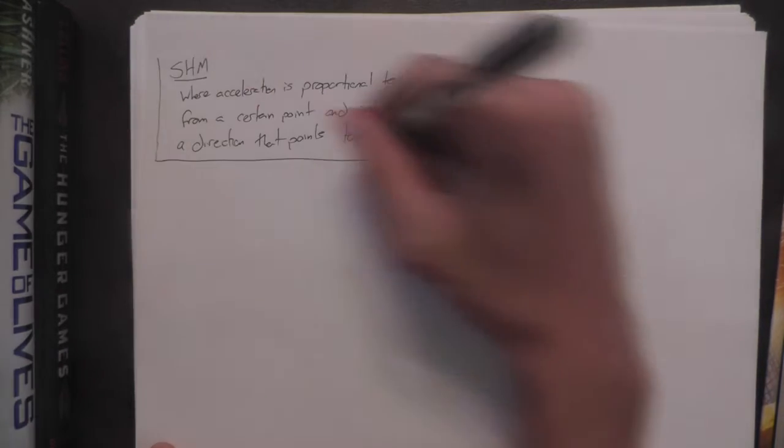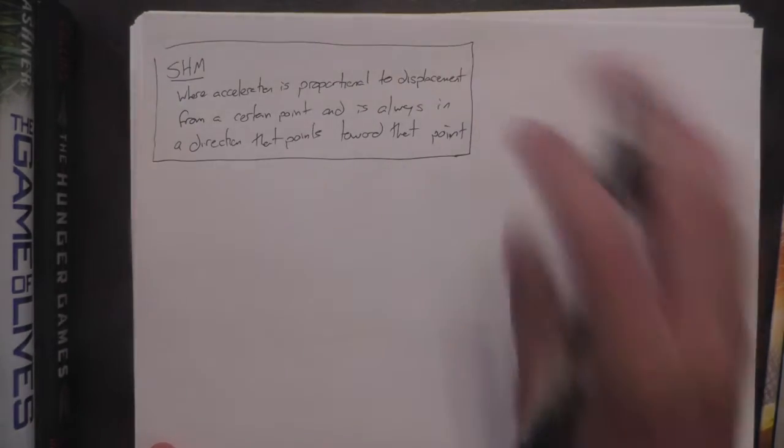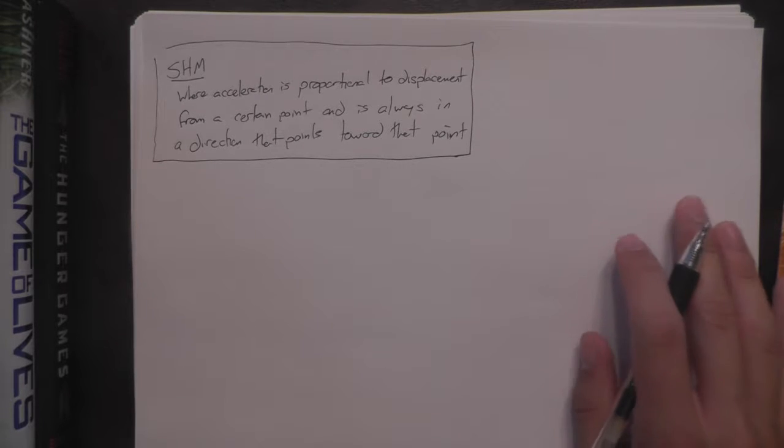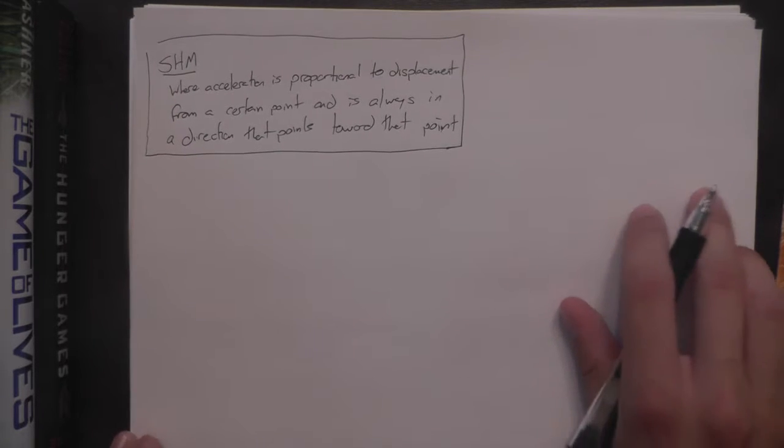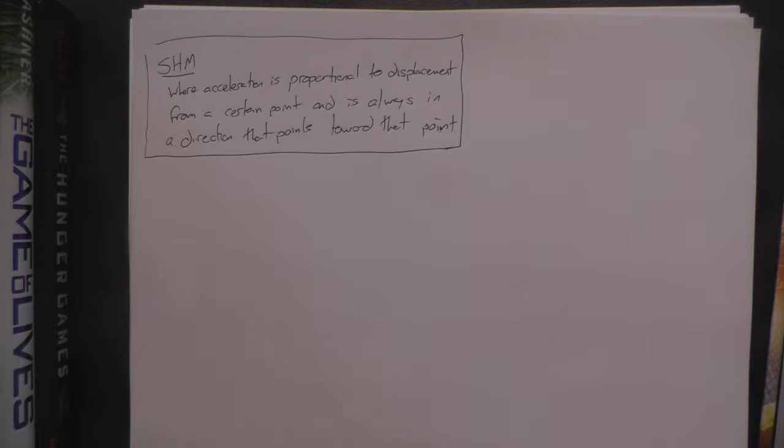That is the definition of simple harmonic motion. Gonna want to remember that, all right? Because now we're about to get into some terms and quantities that help define what simple harmonic motion is.